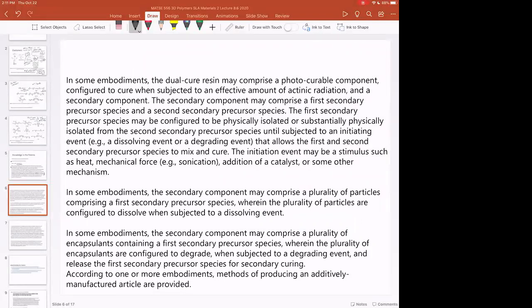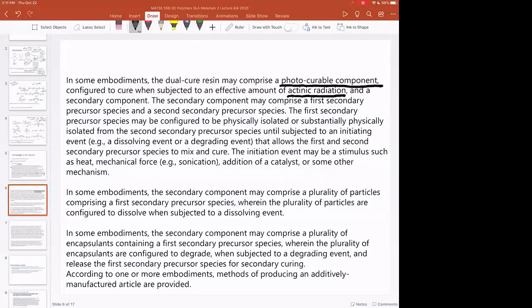Then, so this is part of the same patent, they talk about dual cure resins that have a photocurable component and a component that's activated upon exposure to actinic radiation. And actinic radiation is really interesting because it's a different radiation source than photocuring.